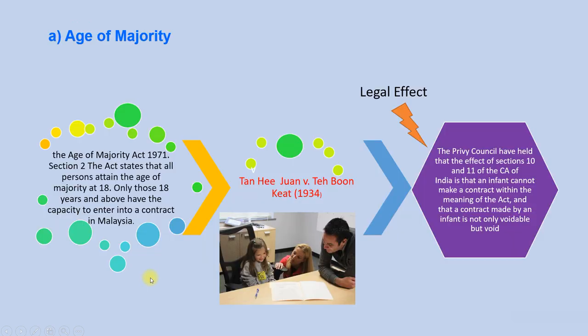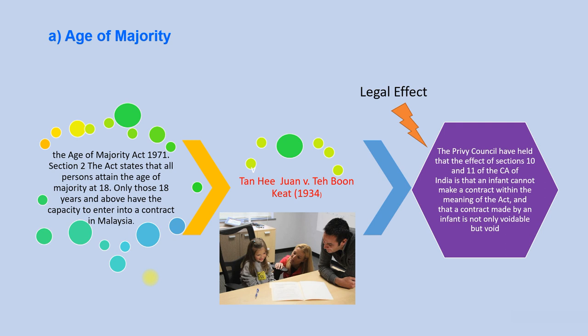Okay, first is the age of majority. The age of majority is not defined under any provision in the Contract Act, but it is defined under the Age of Majority Act 1971, whereby Section 2 of this Act defines that a person attains the age of majority at 18.